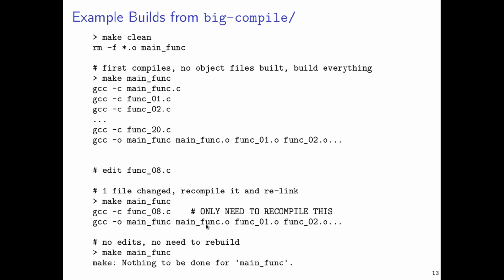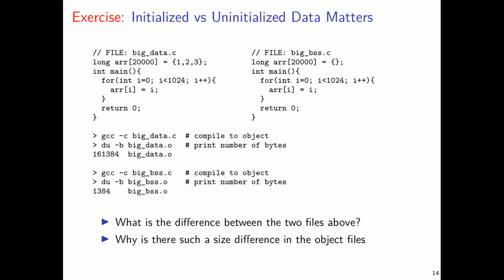And in the event that you attempt to make main-func again, since nothing has changed in the source files, nothing needs to be done in terms of rebuilding. So this is where we get some efficiency in build times, which, if it's not apparent from our present projects in this class, will pay some dividends later on when you work on larger projects with hundreds of C files involved.